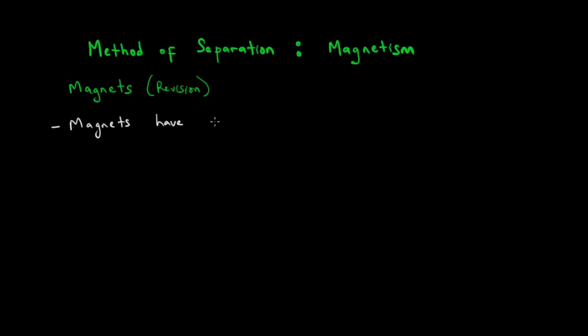do have two poles. We have what is called the North Pole, and we have what is called the South Pole. Saka ndo panotangira magnetism apa, kana kuti ndo panotangira our understanding of magnets. We have two poles.